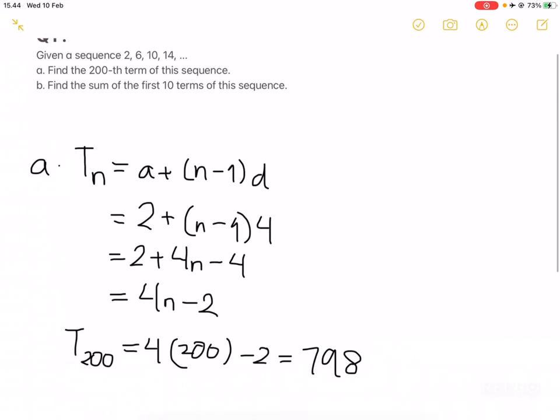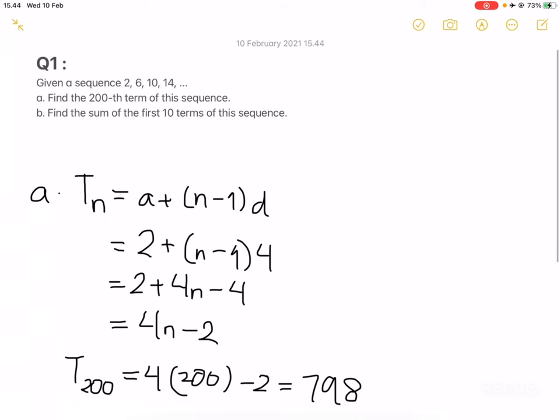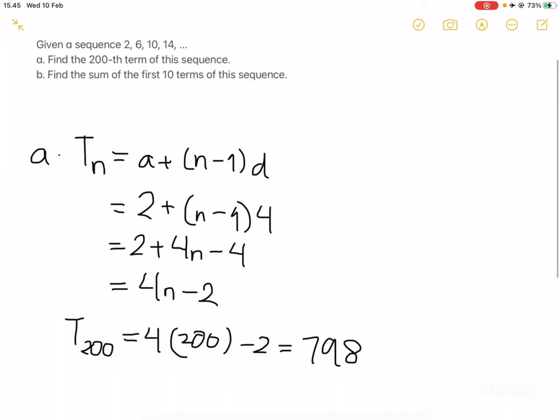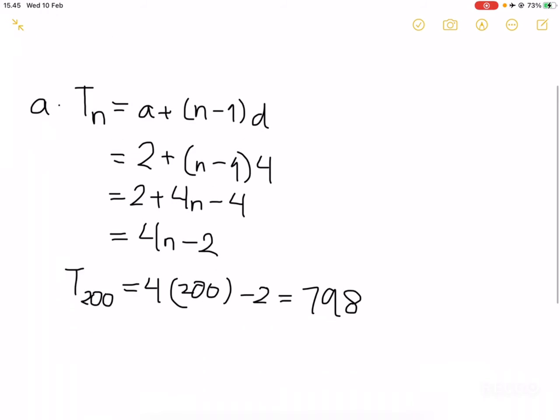And I would say writing a general form for a sequence is very important in case you need to find a big number. So in this case a 200th term, and you have limited time to count that manually. So writing this formula is very, very useful. So anyways, for part B, find the sum of the first 10 terms of the sequence.